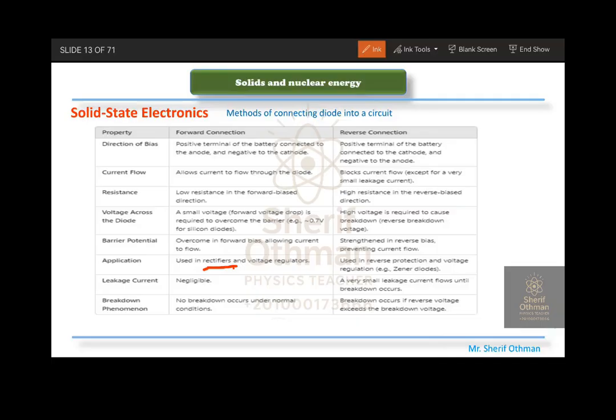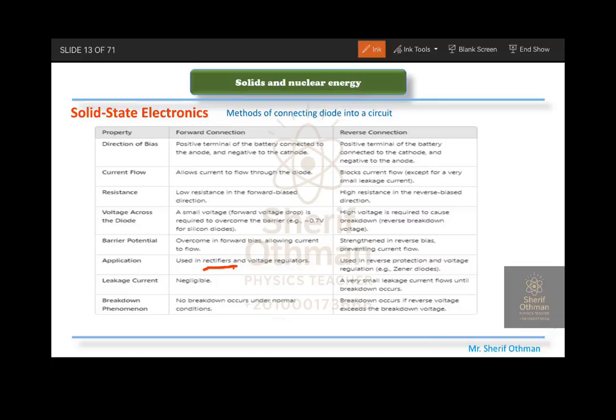Voltage across the diode: high voltage is required to cause breakdown. The barrier potential is strengthened in reverse bias, preventing current flow. Applications are used in reverse protection and voltage regulation as well. Leakage current: a very small leakage current flows until breakdown occurs.